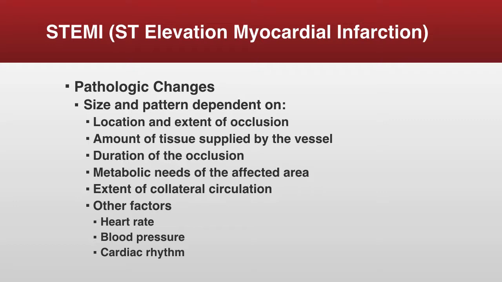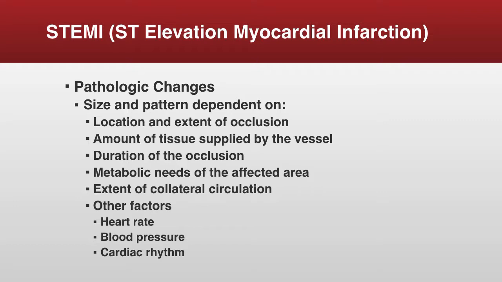The pathological changes that happen with that are dependent on the size and the pattern, as far as the location and the extent of the occlusion, the amount of tissue that's supplied by that vessel. Think about that picture that we looked at with the first slide. You saw how those arteries go around the vessel, and in some cases there's not a lot of collateral vessels supplying an area.